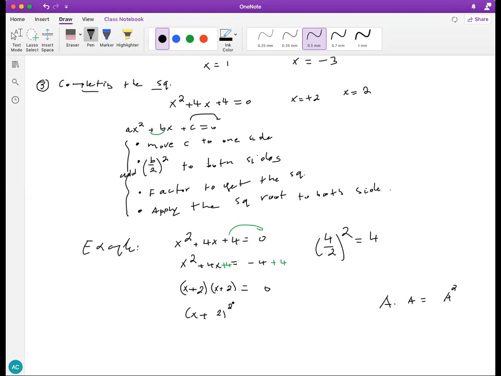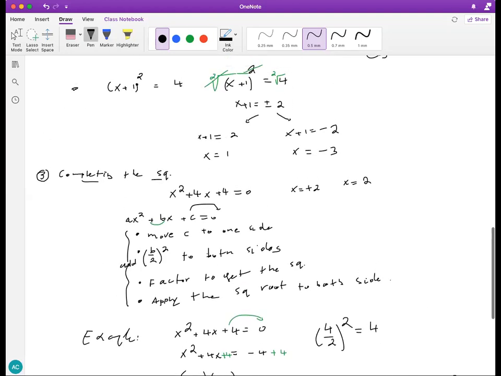That's the important thing here. We needed this second power, and we have it. So now it looks like this. You have a perfect square and a number on the other side, not x. If we had x here, it wouldn't be possible to take the square root. We would require some more work.